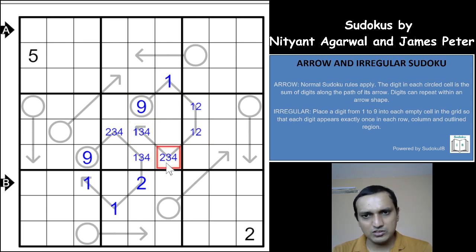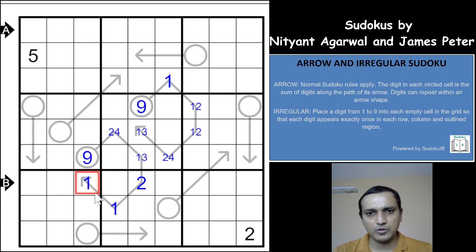If you have a 3 here, you would have to have a 2 here, so 3 is not possible here. If you had a 4 here, you would have to have a 1 here, which is not possible. The same applies here, where 4 and 3 are not possible, because the sum of these three numbers is 4. You need to have 5 in these two cells, so either 2 3 or 1 4.